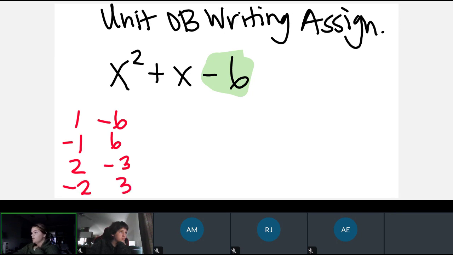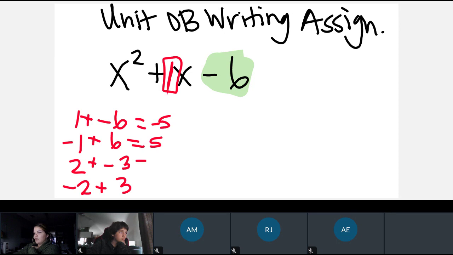Okay, so I wrote out my factors of 6. Now I'm going to add them all together, and I'm trying to find out which one is equal to 1, because there's an imaginary 1 here. Okay, so 1 plus -6 is -5. We get 5. We get -1 and 1.